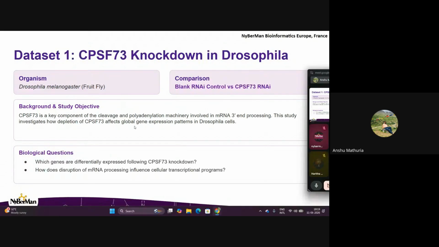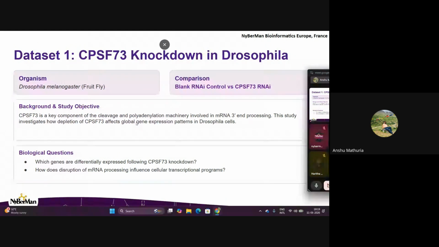In simple terms, CPSF73 helps produce mature messenger RNA molecules. So if this protein is depleted, the cell may experience widespread defects in RNA processing. That is, if CPSF73 is absent, the RNA is not going to be converted into a mature RNA. Therefore, it is very important.